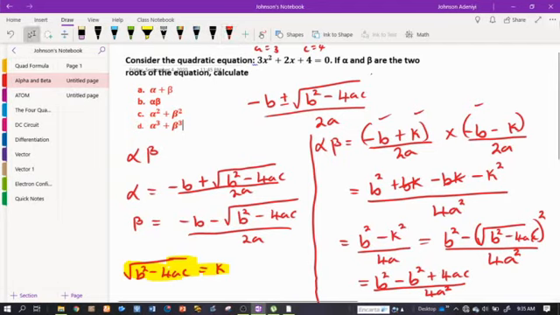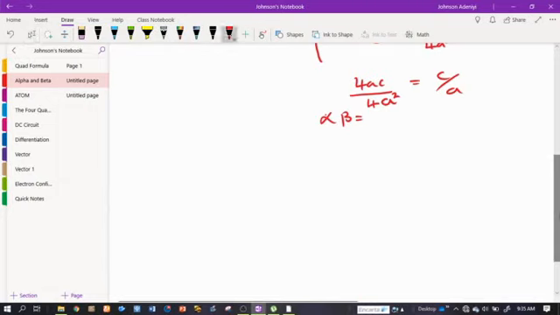So we simply substitute the two values, and that will give us 4 over 3. And this is our answer. So this is alpha beta. This is also considered as a formula for the product of the roots.